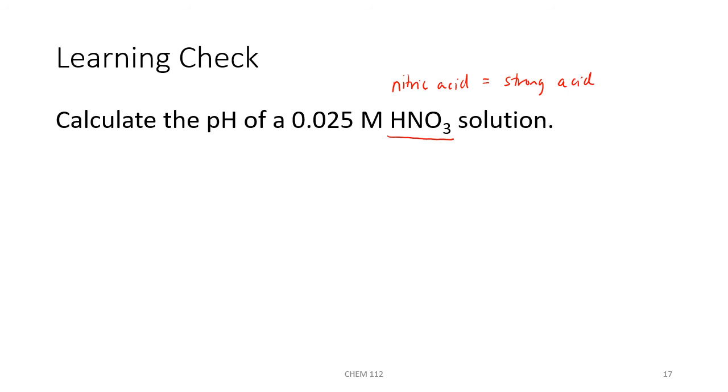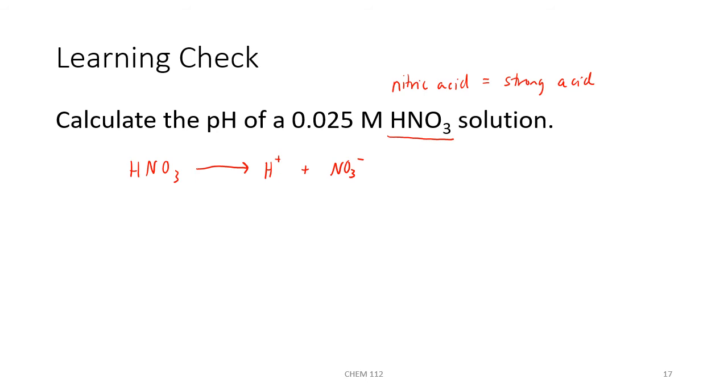So that means that when nitric acid is placed in solution, it will fully dissociate, so we'll use a single arrow, and break up into the hydrogen ion and the nitrate anion.